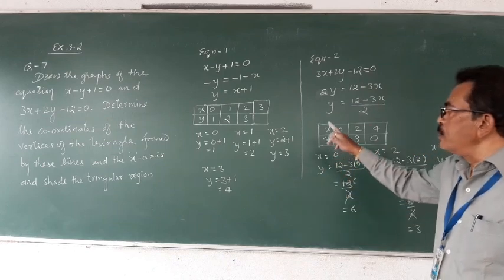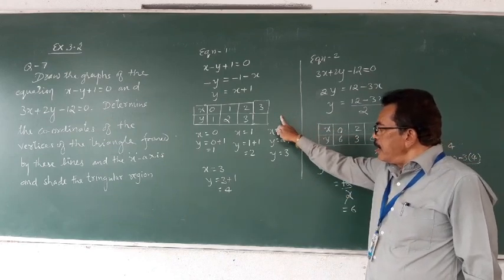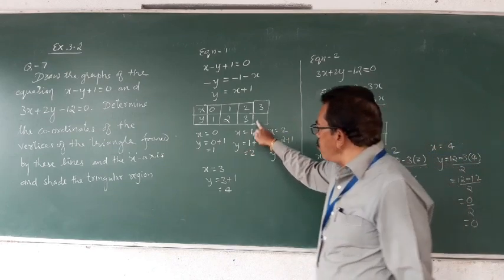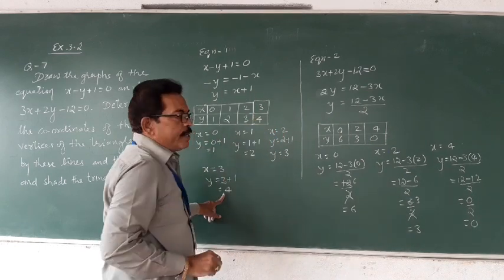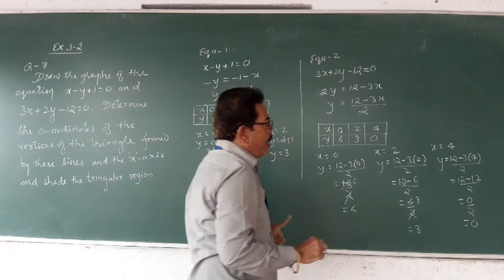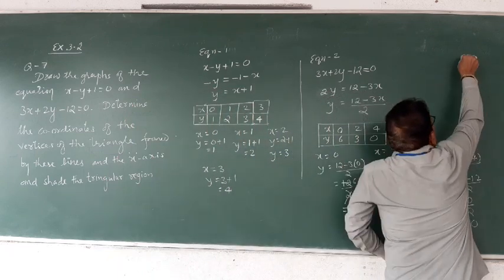Use both the tabulations. Here, 4 has not been written: x equals 3, y equals 4. Okay, we have to plot the graph.